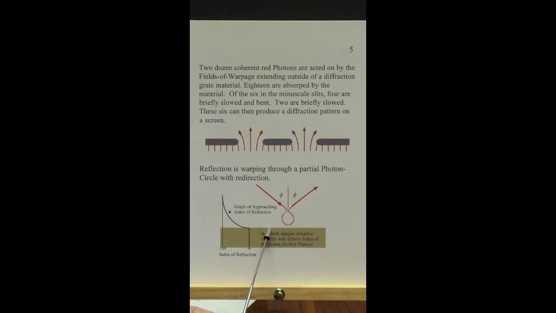It would have a field of warpage outside of the surface of the silver, and an incident photon would come down and go through a partial photon circle and redirect, going away at the same angle as the incident angle. The key thing here is that there's a partial photon circle executed by the photon to make it reflect.